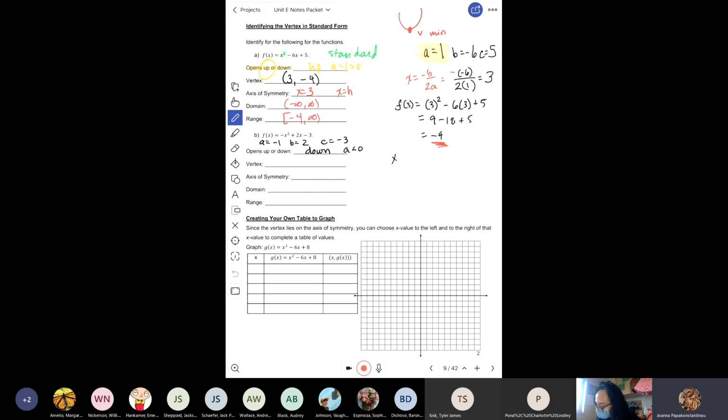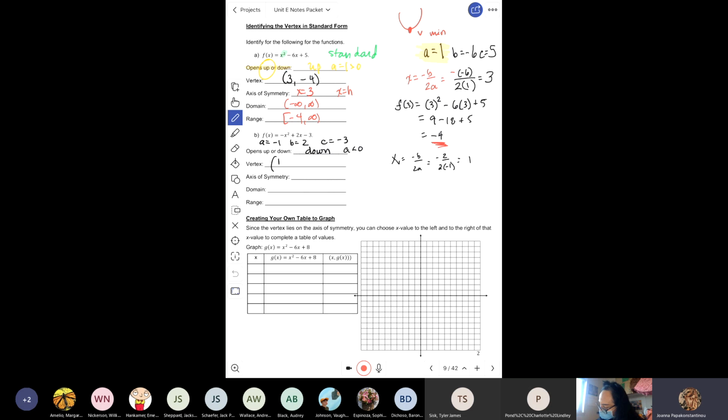So to find the x value of the vertex, I'm going to put a little subscript v because I know it's the x value of the vertex. I take -b over 2a, so that's -2 over 2 times -1, which simplifies to what? Is it positive or negative? It's positive. Okay.